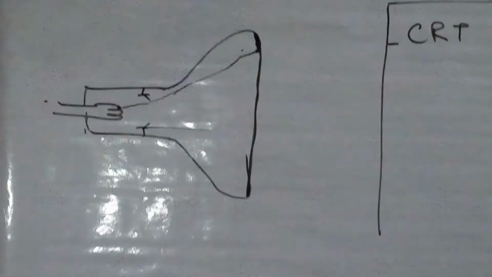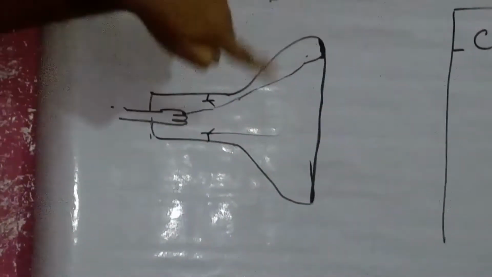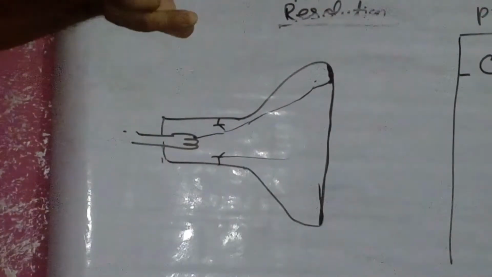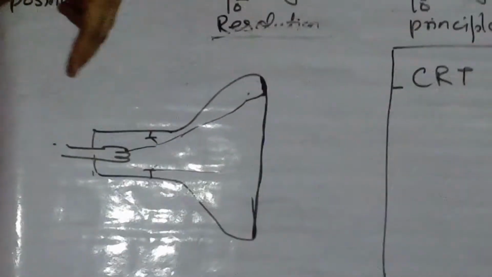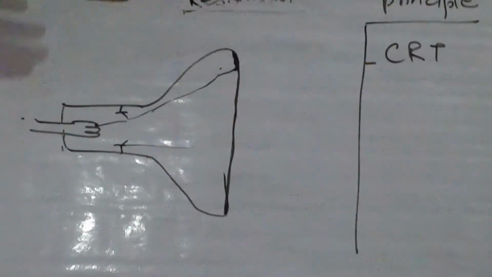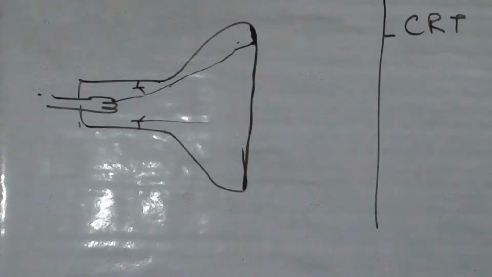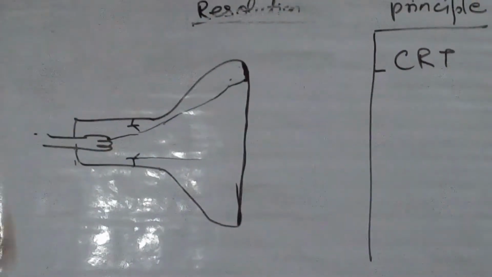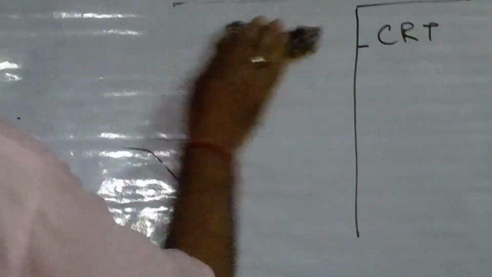So the electron beam strikes the screen and the particle is heated and glows, and when it dims, again the electron beam strikes at that position, to represent that particular image on the screen. So it is CRT, but nowadays it is obsolete, it is not in use.